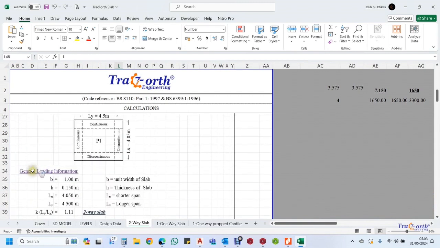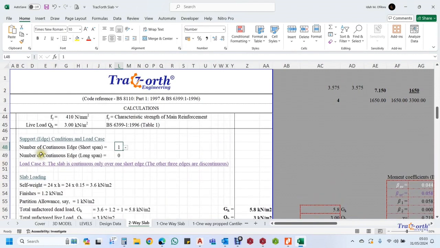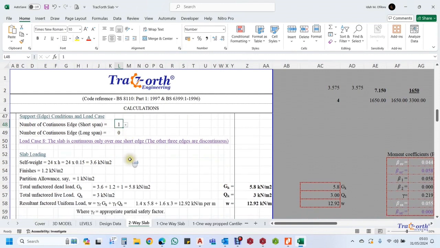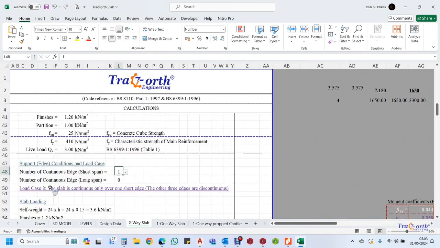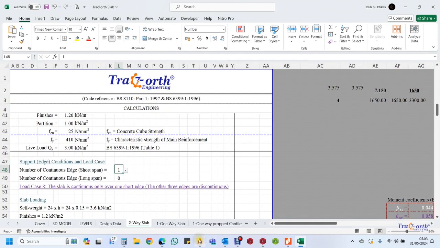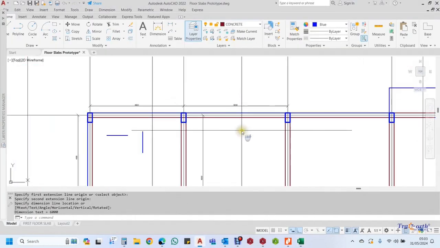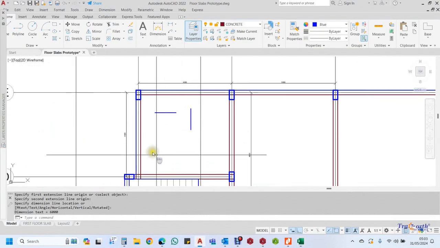Now, first, we take the general data, the loading information. Then the next is our support conditions and load cases. And this is very, very vital, because in most tables you come across this. This is how you pick your moment coefficient that will be used to carry out your design. So, in this case, let's look at the short edges of our slab.